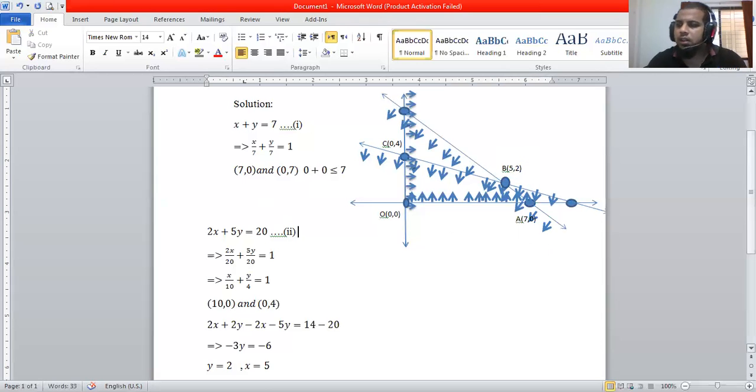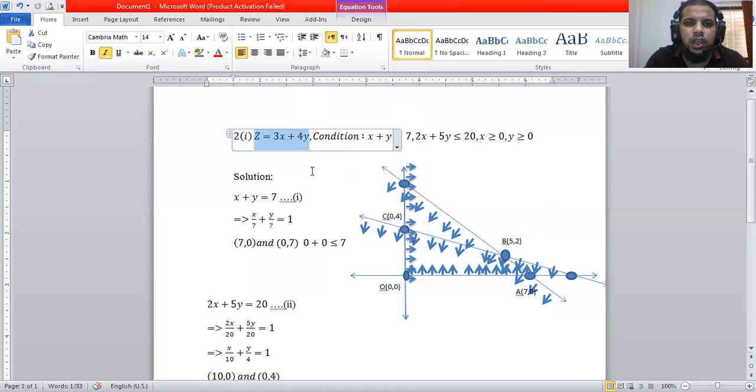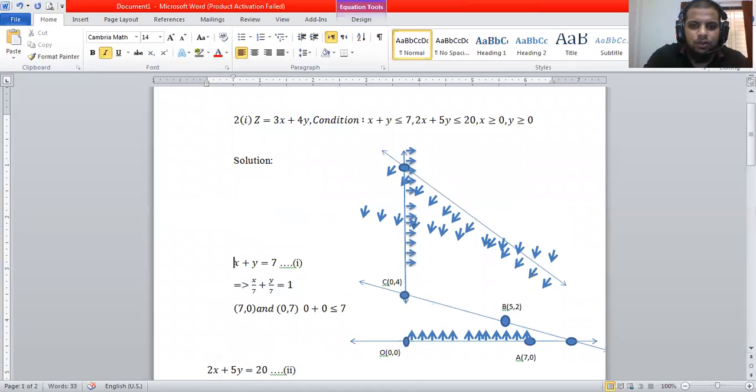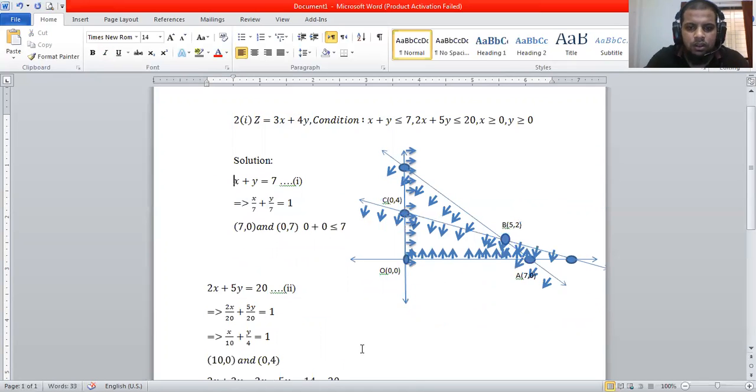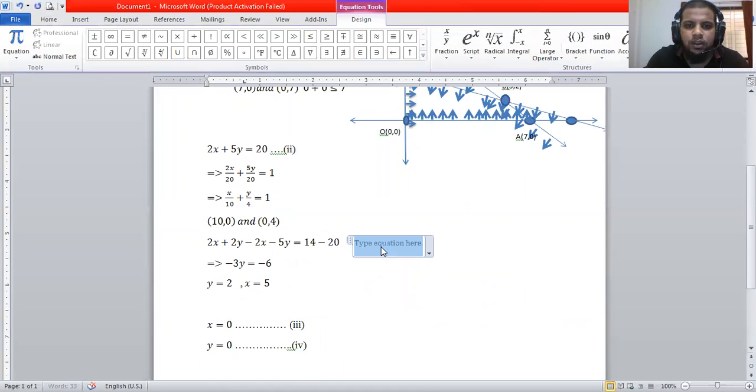Now we have to consider the main function, the objective function given for the programming problem, z equal to 3x plus 4y. We have to verify the value of z equal to 3x plus 4y for different values.